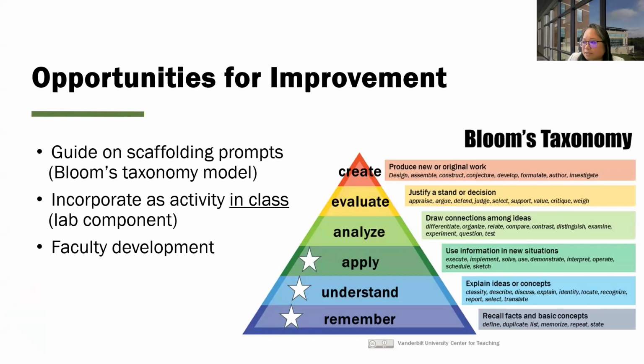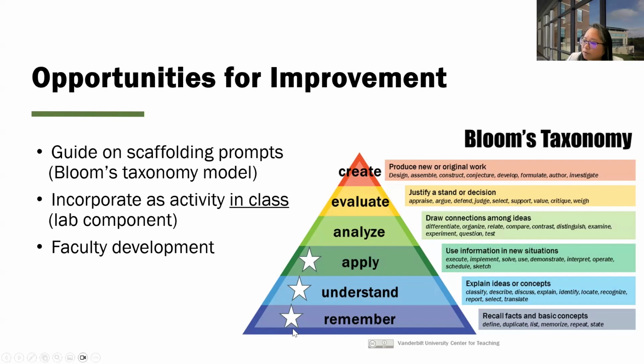So what were the opportunities for improvement that I saw? First and foremost, one of the things that I've already started thinking about is, when I give the explanation again on creating prompts, I want to provide a guide on scaffolding the prompts using a Bloom's taxonomy model.